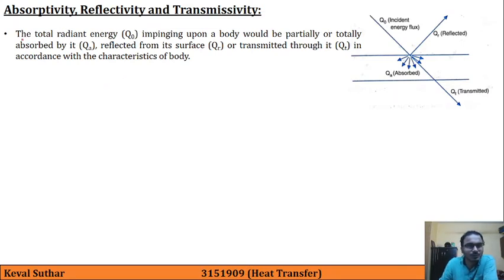So the total radiant energy Q0, that is this portion, incident energy flux, impinging upon a body would be partially or totally absorbed by it, that is QA, that is this portion.